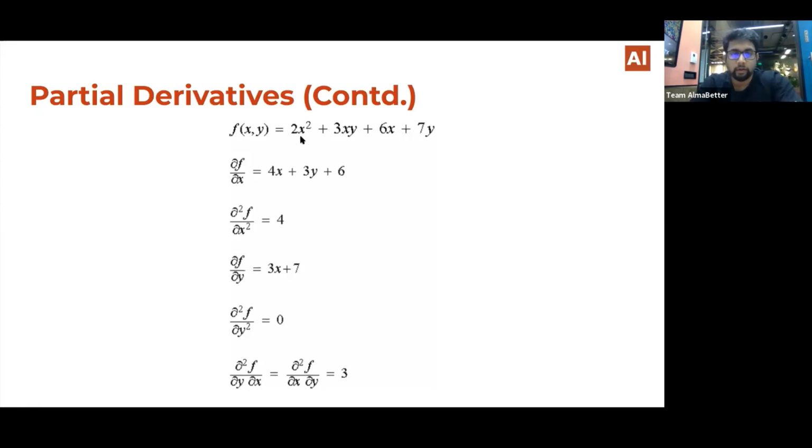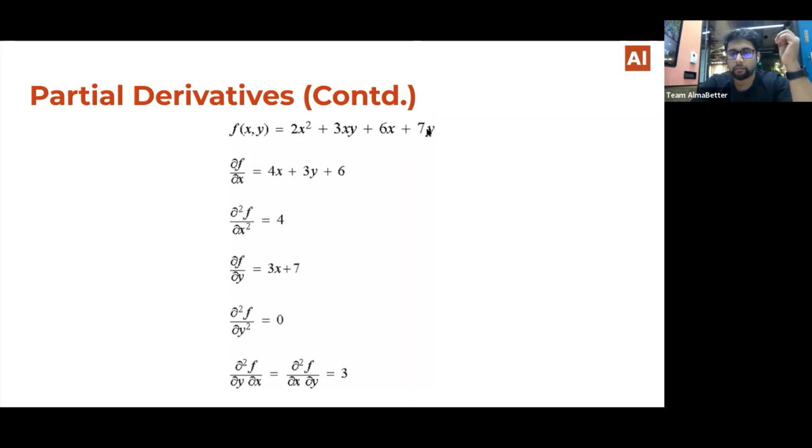So this is a constant, so it will get removed. In this part, if you take x as a constant and y as a variable, 3x will be this part's derivative with respect to y. This part is again only dependent on x, which is constant, so you'll remove this part. The derivative of this part will be 0, and the derivative of this part is just 7.